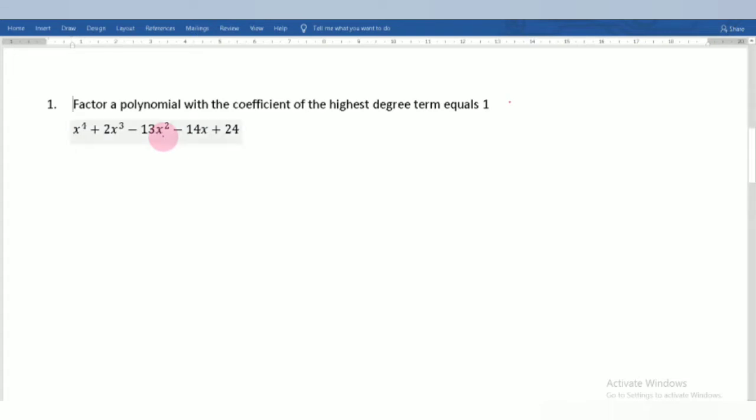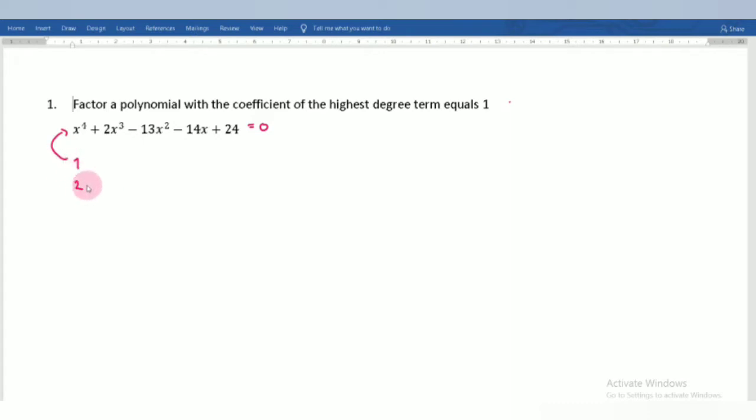So if you refer back to the concept of the factor theorem, to find the factors we try to put in some candidate numbers first, for example 1, and then 2 into x, and then calculate whether the polynomial becomes 0.